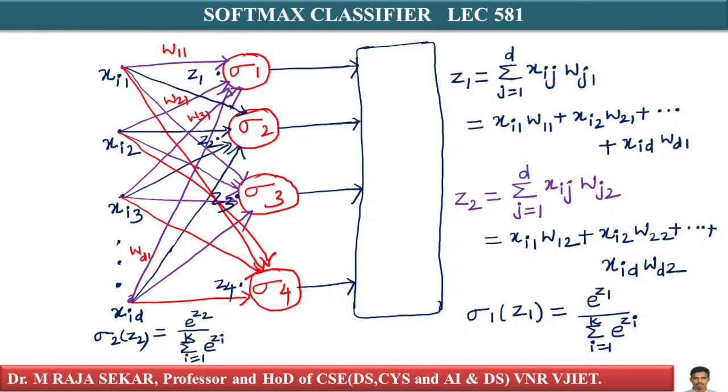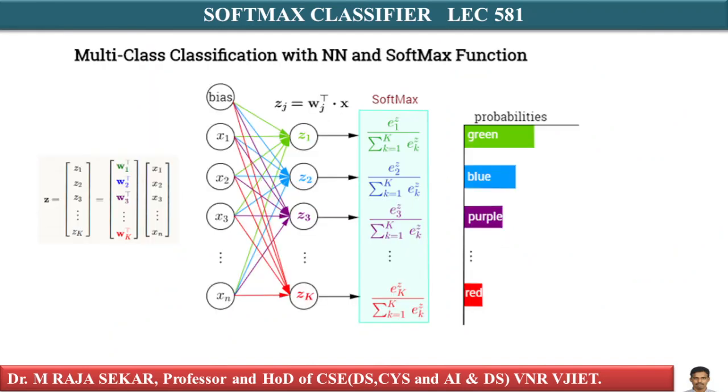Try to recall, we were discussing that sigma 1 z1 equal to e power z1 by sigma i equal to 1 to k e power zi. In similar manner, sigma 2 z2 equal to e power z2 by sigma i equal to 1 to k e power zi.